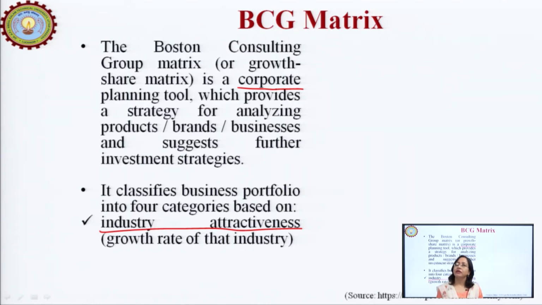What is an industry? There can be FMCG, retail, entertainment, industrial goods, automobiles. Industry attractiveness means how fast or how slow that industry is growing. This has nothing to do specifically with your business only.